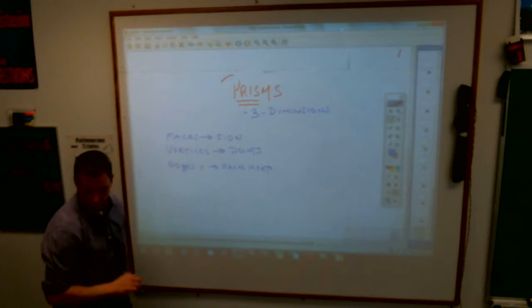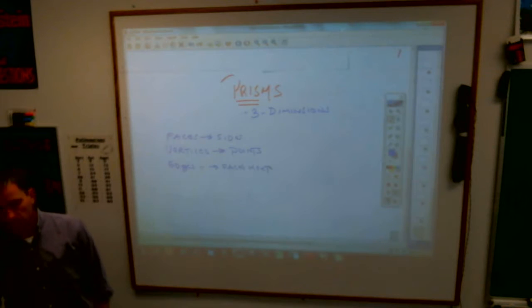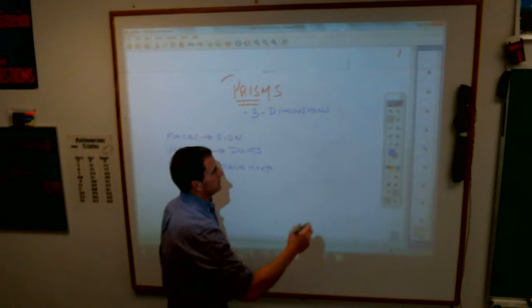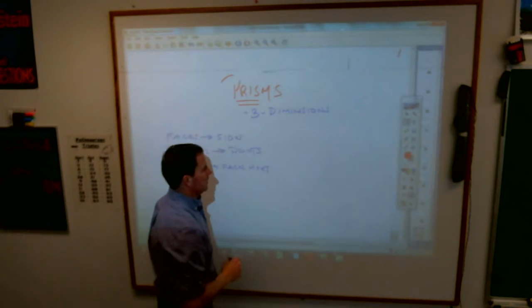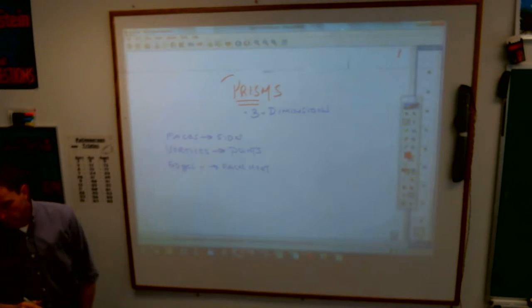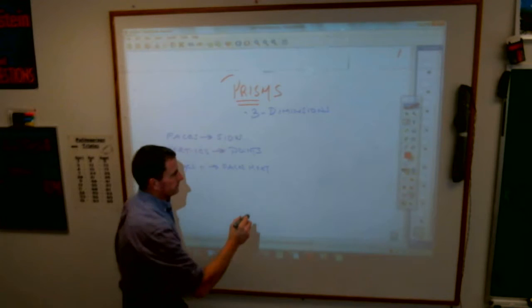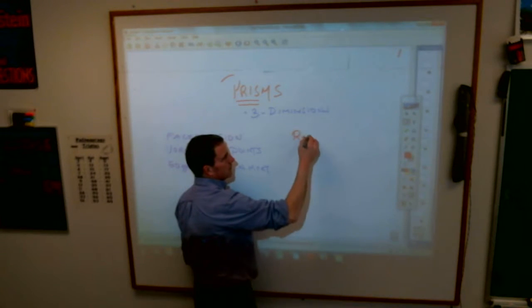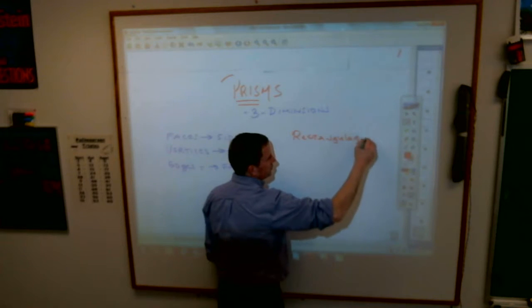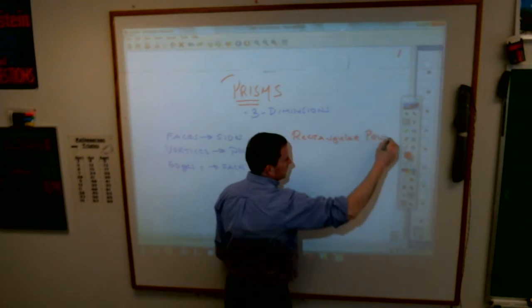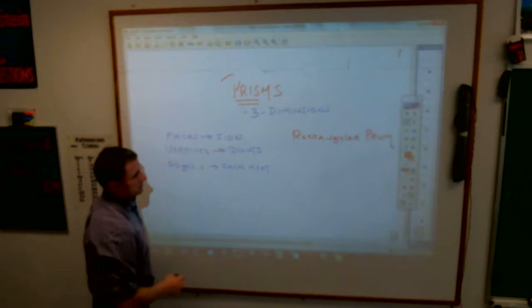So if we're looking at prisms here, a prism is named for the base that it has. So for example, let's just do a rectangular prism. And I like these because you get to draw some stuff.